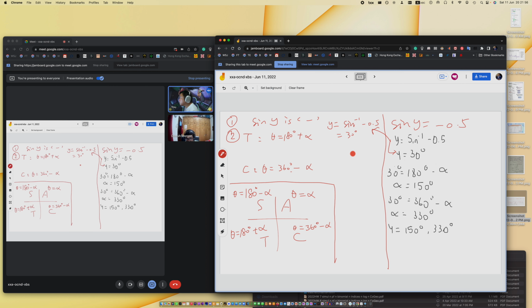I think something is not right. Sine inverse of negative 0.5 should not give you 30 degrees. It should give you 330, I guess, or negative 30. Can you help me out again?